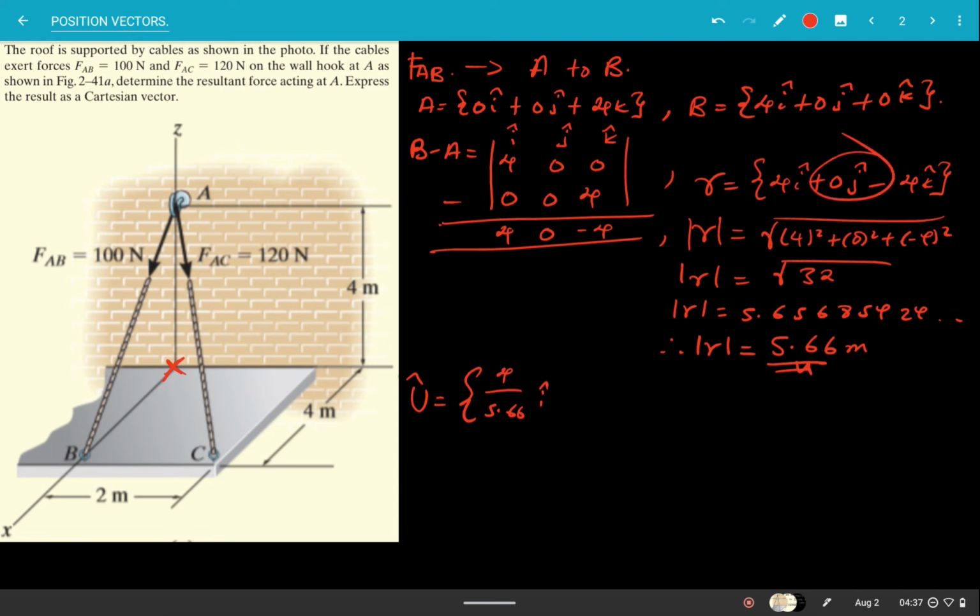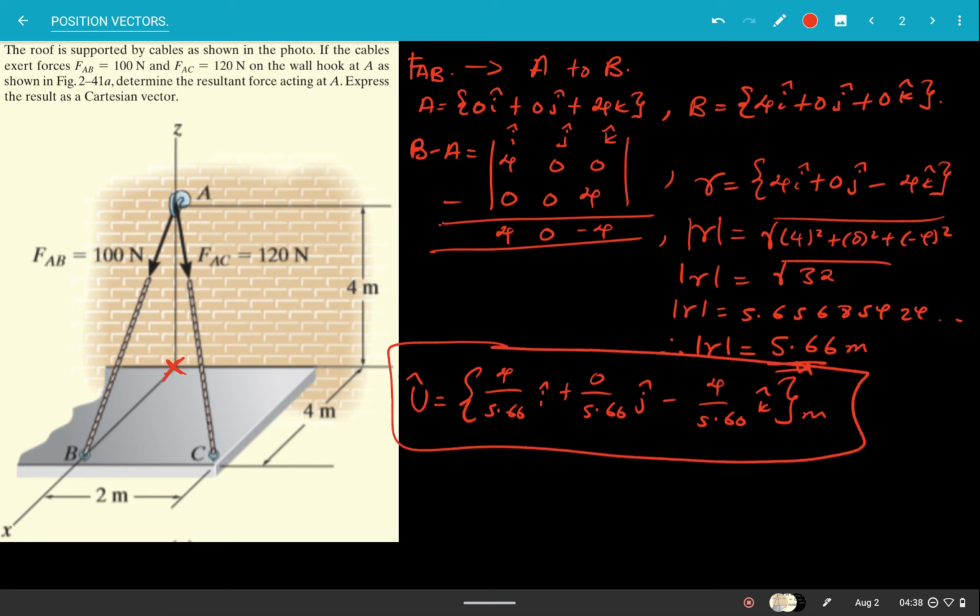Then we have 0. So it's going to be plus 0 over 5.66 in the J. Then you have minus 4. Then it's going to be minus 4 over 5.66 in the K. Like that, meters. So this is basically our unit vector.